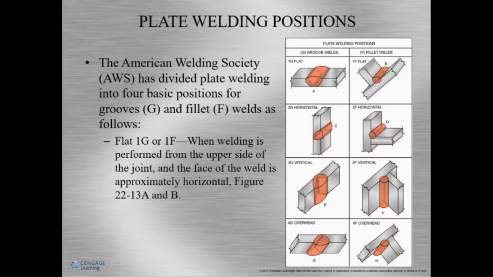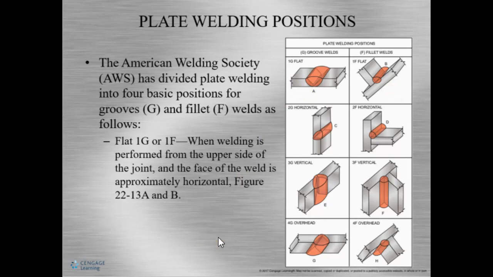Onwards. Okay, so here are some of the welding positions that we've gone over in the past. If you need more understanding, please see the video in the video library that's called What You Need to Know. Okay, so there are two major types of joints. A groove, or a fillet.